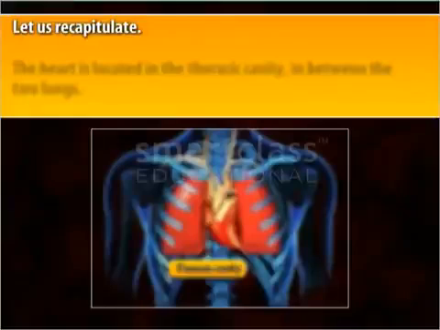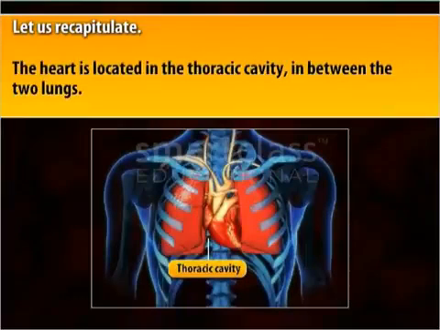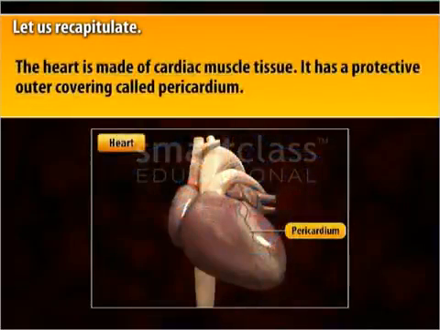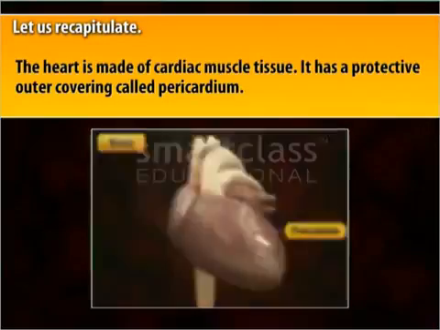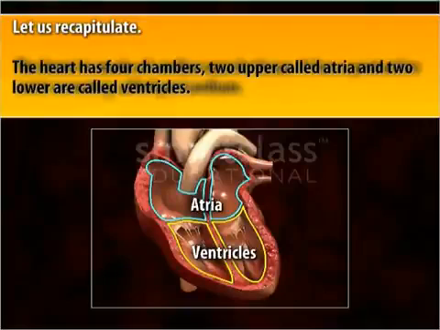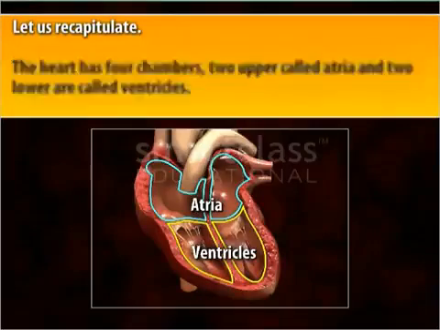Let us recapitulate. The heart is located in the thoracic cavity in between the two lungs. The heart is made of cardiac muscle tissue. It has a protective outer covering called pericardium. The heart has 4 chambers, 2 upper called atria and 2 lower called ventricles.